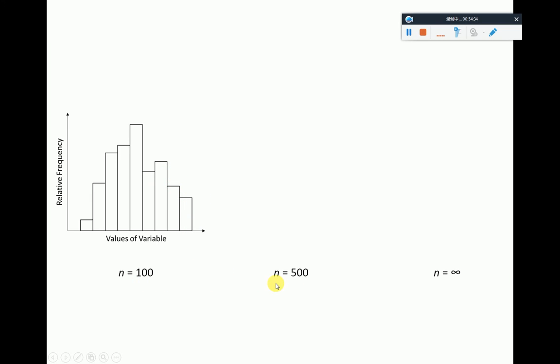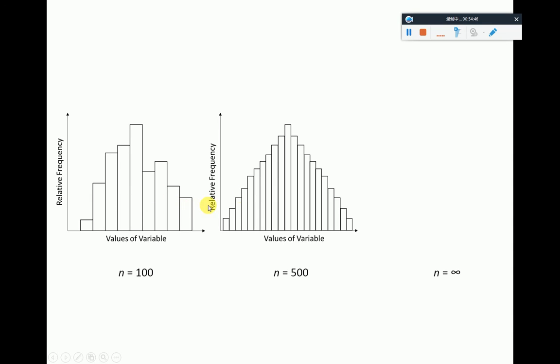But as we increase the sample size from 100 to 500, we need to split all these bins into narrower ones. As we increase the sample size, we have narrower and thinner bins. And when the sample size becomes very huge, in the end we can ignore the boundaries of all those bins and see the distribution as a smooth curve, like this one.